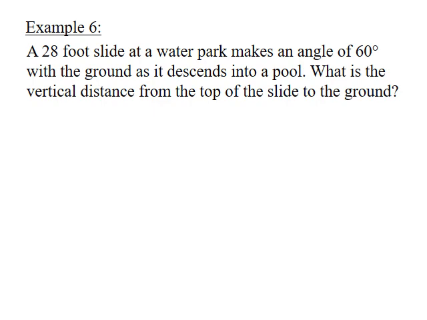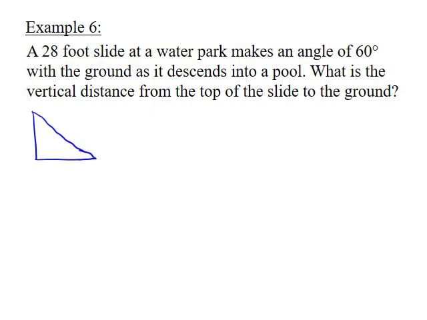Here's an application problem involving right triangle trig. Students typically seem to like these problems. When you are solving these problems, first I would recommend that you sketch a little picture. So it says a 28-foot slide at a water park makes an angle of 60 degrees with the ground as it descends.